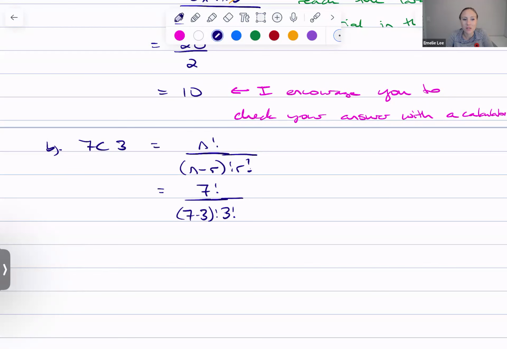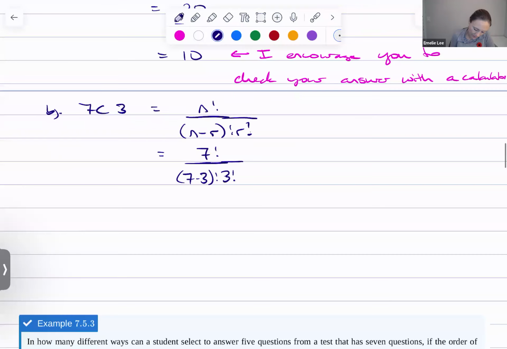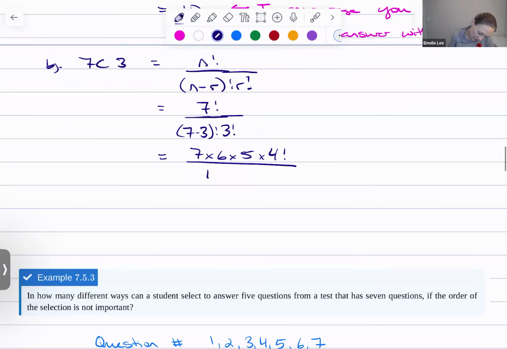Simplifying that 7 minus 3, this is going to be 4 factorial, right? And so 4 factorial is bigger than 3 factorial. So I'm just going to write out my 7 factorial until I hit 4 factorial. So I get 7 times 6 times 5 times 4 factorial, divided by 4 factorial, 3 factorial.